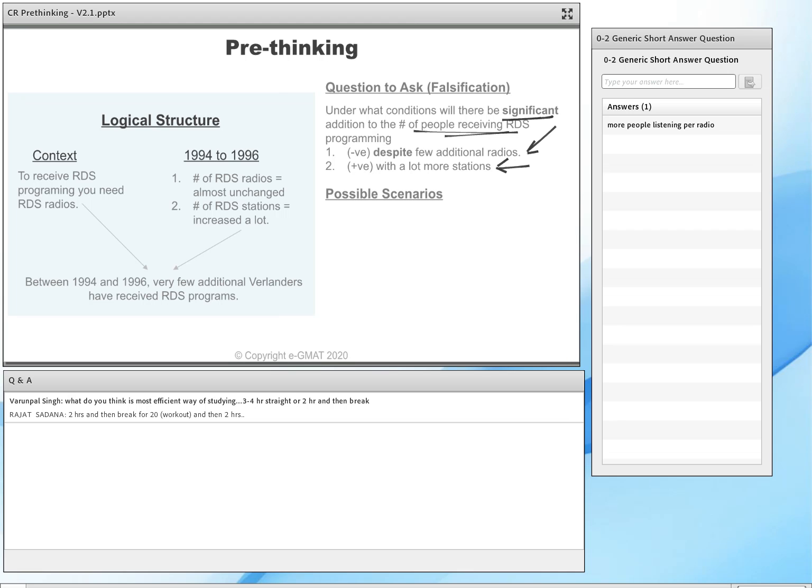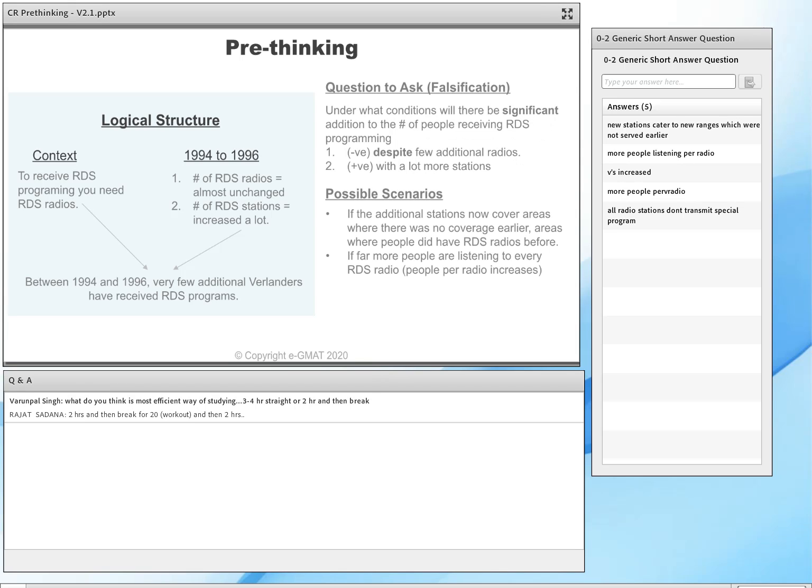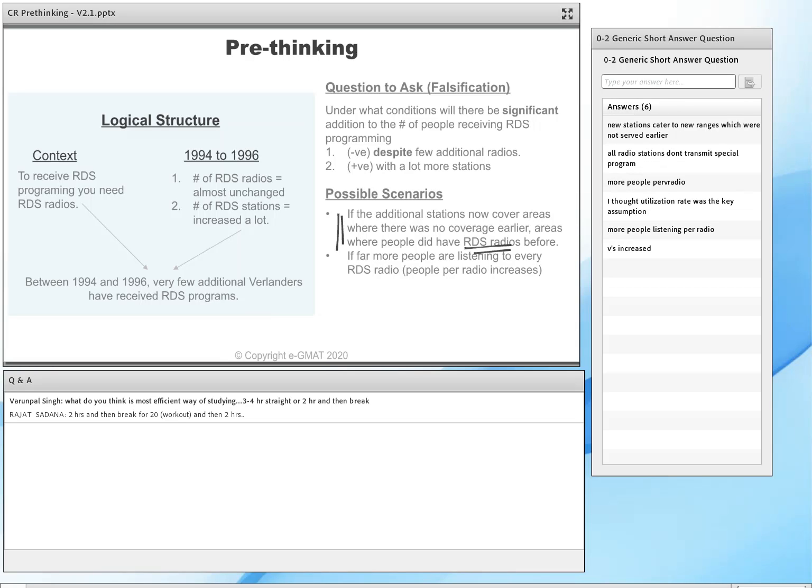What are those scenarios? If there are more people listening per radio, definitely. Or if there are new stations that cater to new areas that were not served earlier. You guys are absolutely brilliant. I mean, you came up with this all on your own. So if radio stations cover areas where people had the RDS radio, remember, people could have had that radio in 94, but there was no coverage.